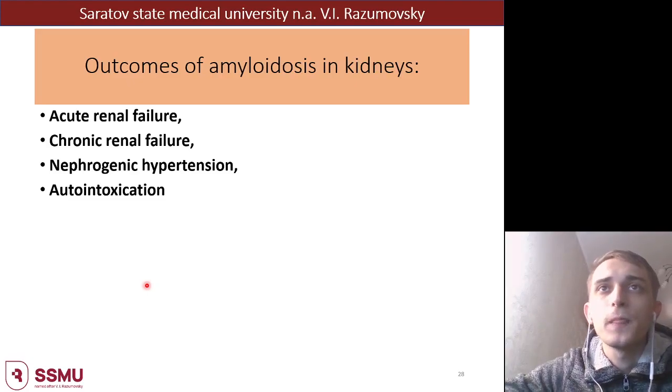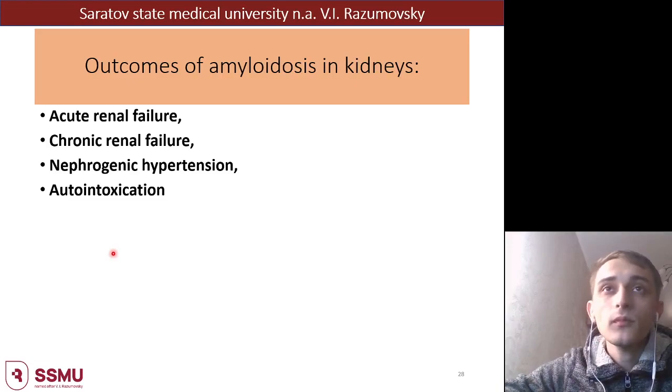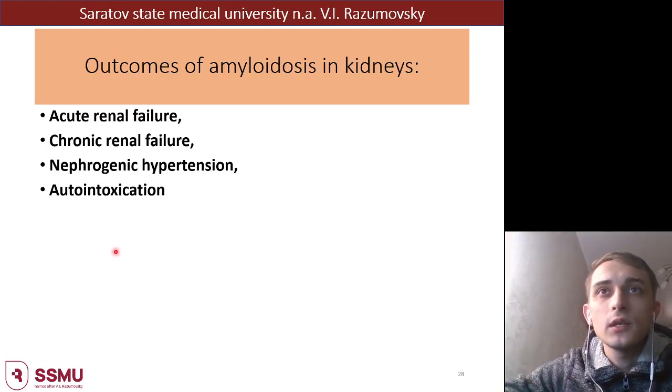Now, the outcomes of amyloidosis in kidney are associated with acute renal failure, chronic renal failure, nephrogenic hypertension, and autointoxication.